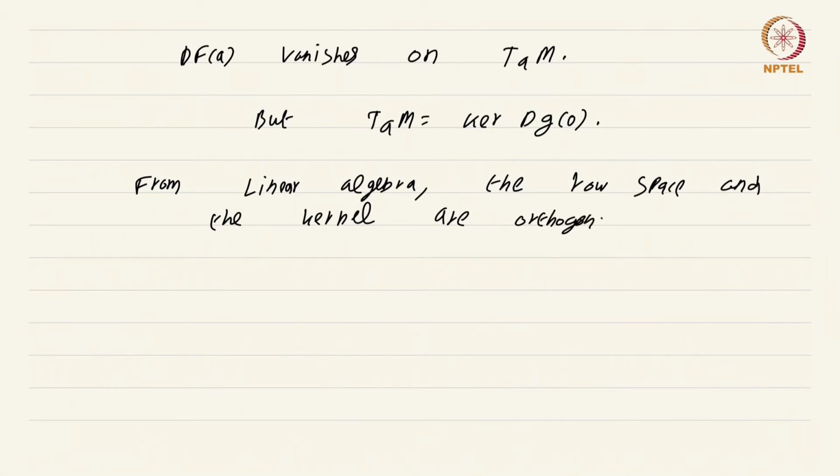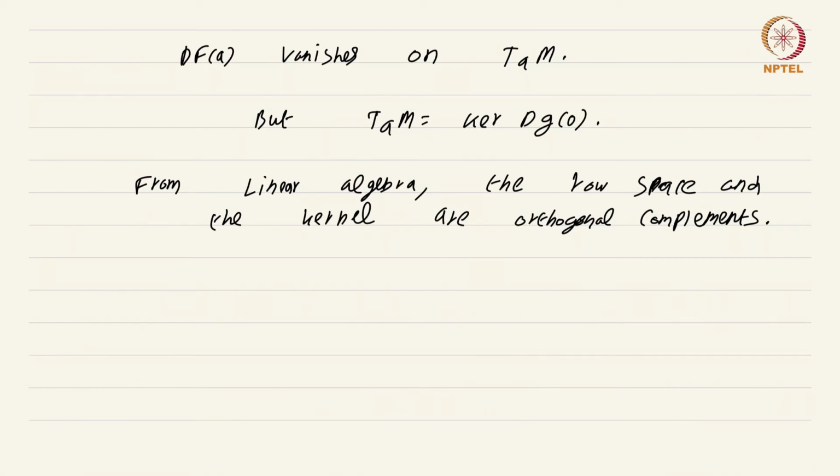So if you have a matrix, then the row space and the kernel of that matrix are orthogonal complements, not orthogonal matrix. Orthogonal matrix means something entirely different.